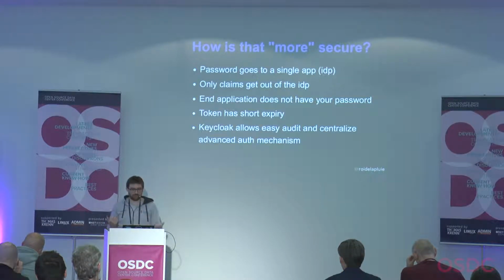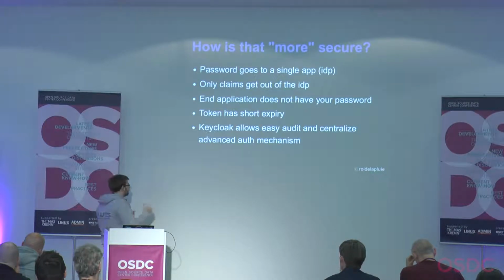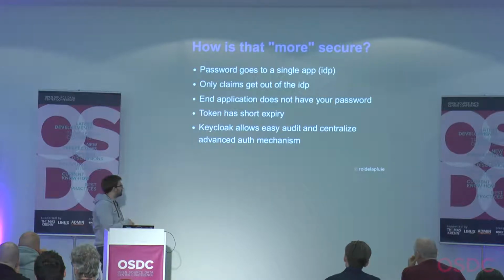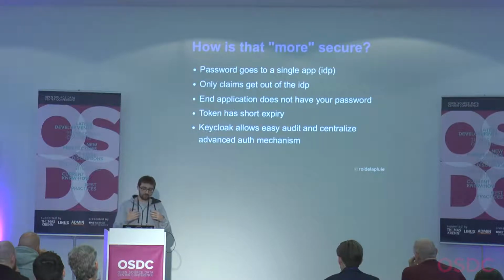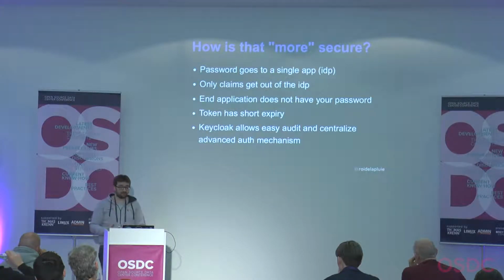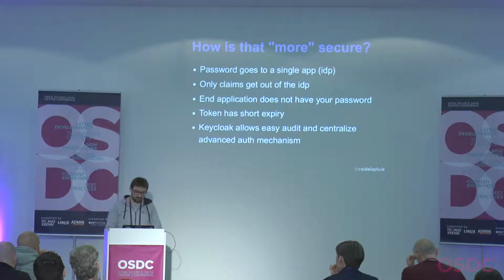And as a user, you can also say, okay, I want to revoke my tokens, I want to log out of everything, and then all your tokens will just be revoked. So it also enables you to say, okay, we have single sign-on in place, we know where anyone logs in, so we don't need anything else for the moment. We have checked a lot of stuff in the security list.